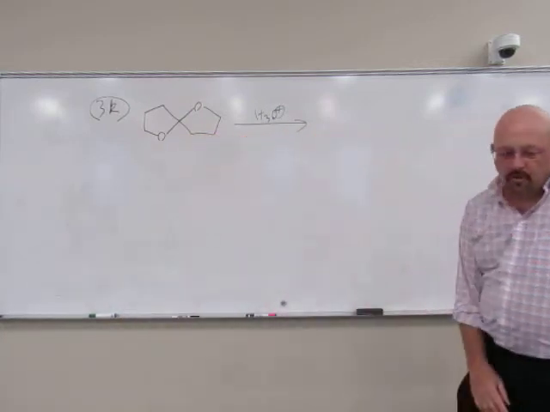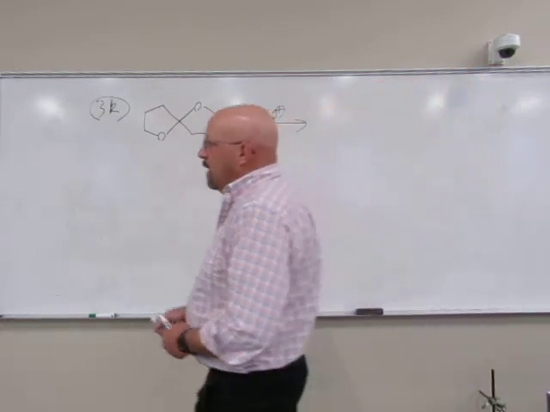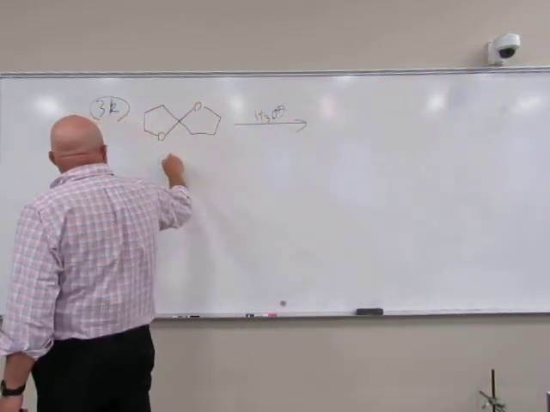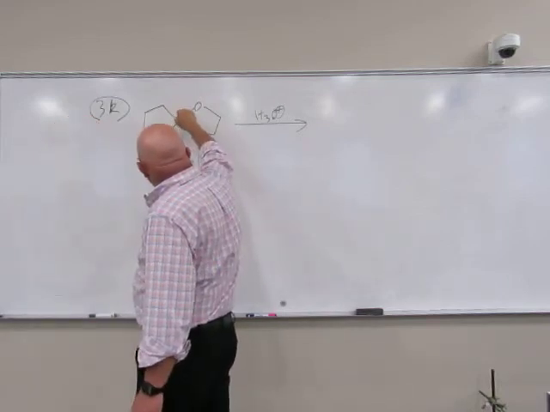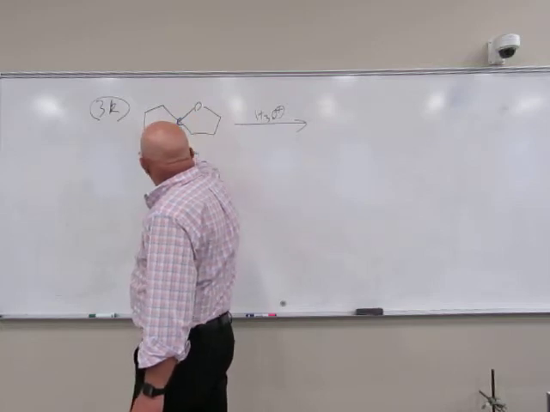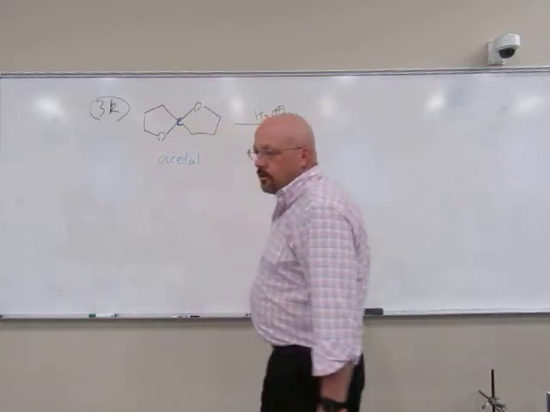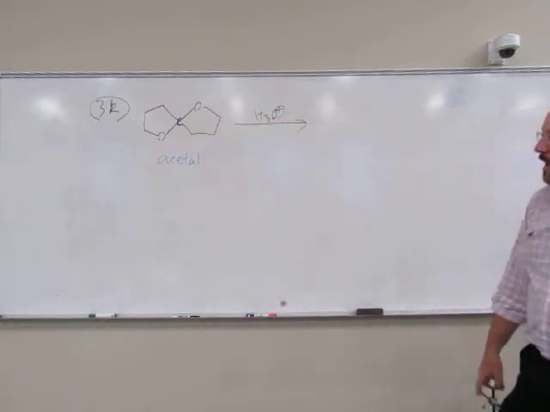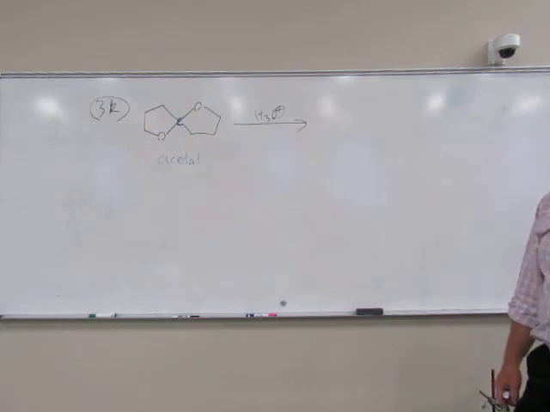If you look at the starting material, if you pay close attention to it, that is an acetal. This carbon right here that I'm highlighting, it's got an OR group, and up here at the top, it's got an OR group. It's got two OR groups attached to the same carbon, the carbon that I'm highlighting there in blue. That's an acetal.